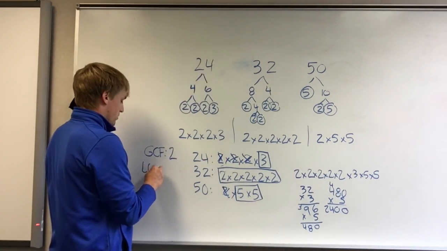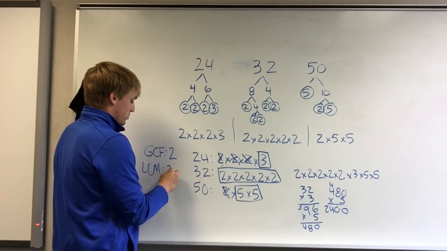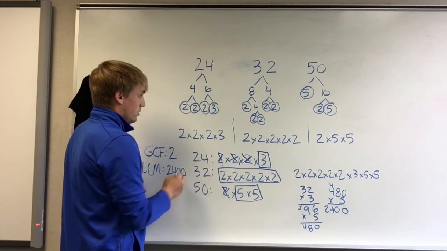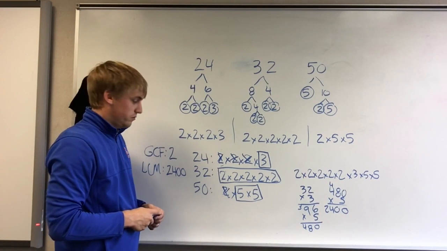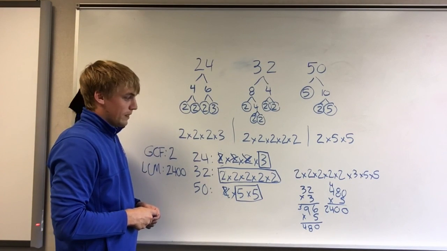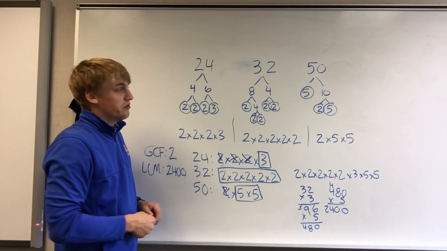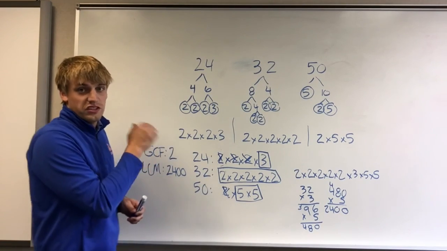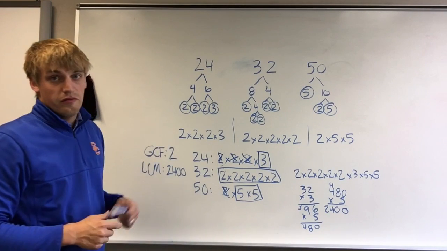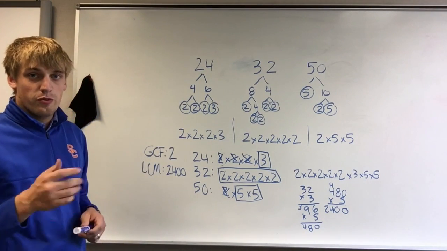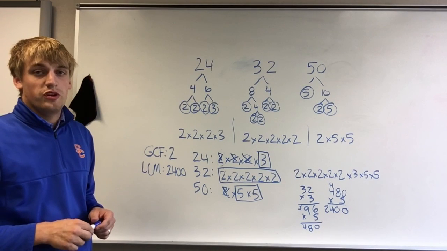So the least common multiple between 24, 32, and 50 is 2400. That's a pretty big number. So if you were to write all those out, listing each multiple, it would take you a long time. So if you can get the hang of how to use prime factorization for 3 or more numbers, that will really speed up the process.